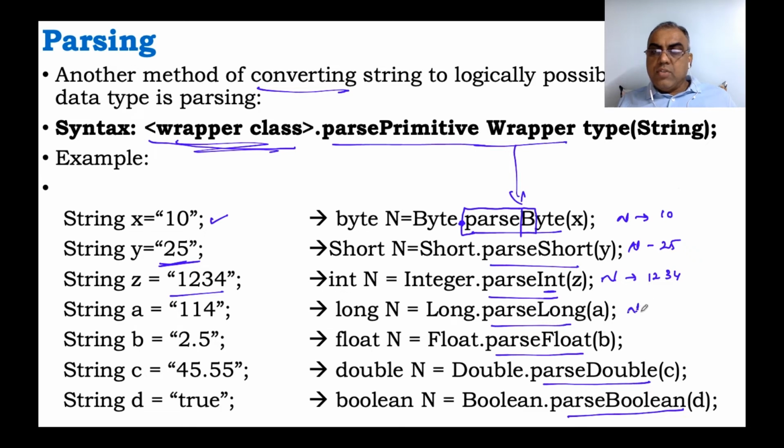This is going to convert n as 114, this as 2.5, and this as 45.55. So all the related values will get converted into their primitive type. Boolean will of course be true. Then I can apply any numeric calculation on n, like addition, multiplication, subtraction, division, or even modulus. It will get easily applied on them, but they cannot be applied on a string.